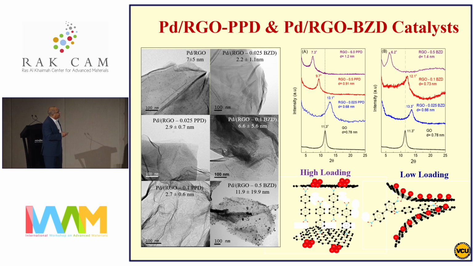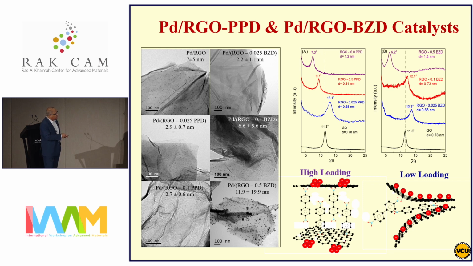But if you start increasing the loading, the diffraction peak starts to shift to the other side, and you can see increasing separation, which is also accompanied by increasing palladium particle size. We can reach here 1.2 nanometer, and with benzidine, you can see that we can reach 1.4 nanometer, and in both cases of this large separation, we have quite large palladium particles.